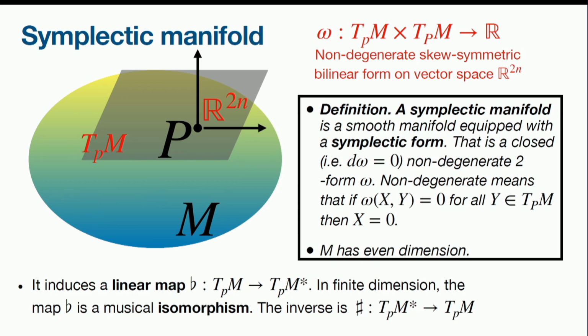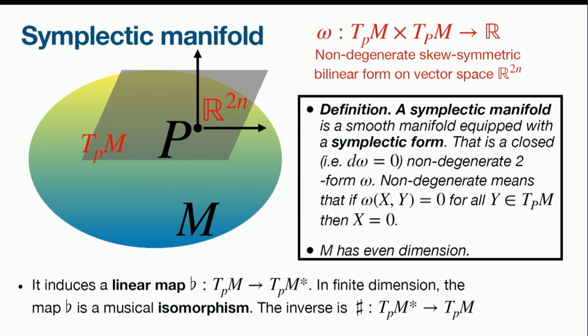We have the condition that it is closed, which is necessary, and that it is non-degenerate, which means that if omega(x, y) is 0 for all y, then x has to be 0. That's a very standard definition, and M has even dimension.